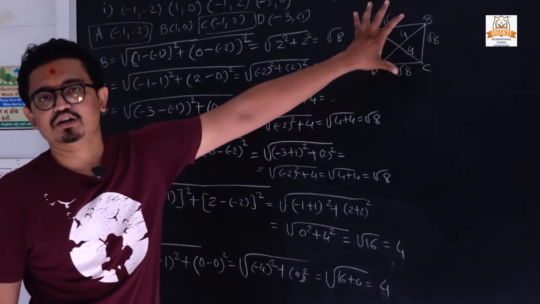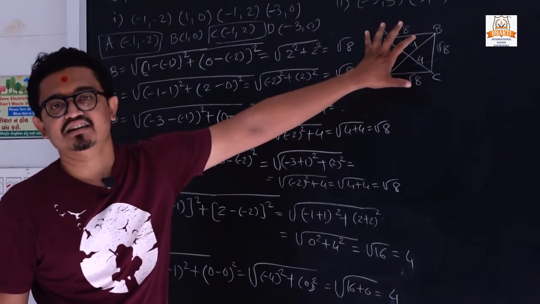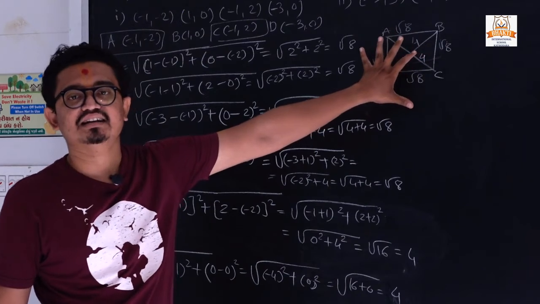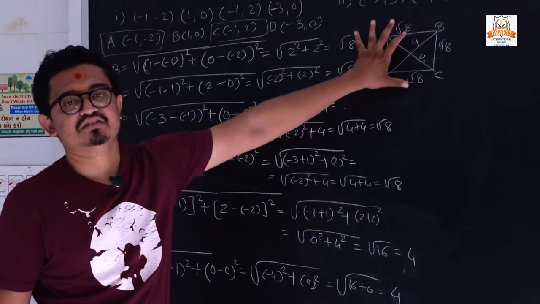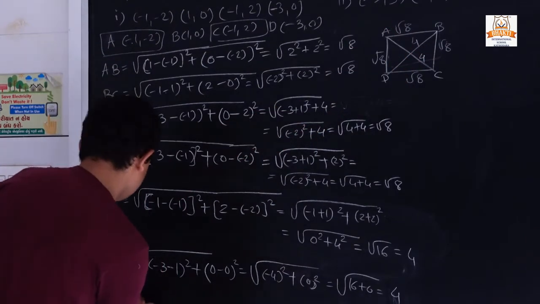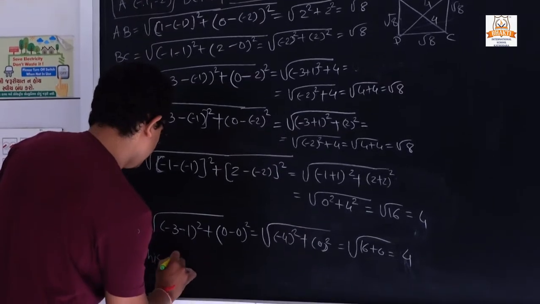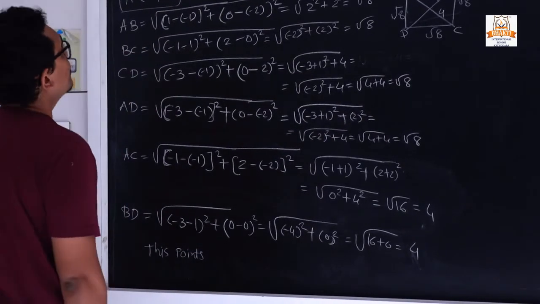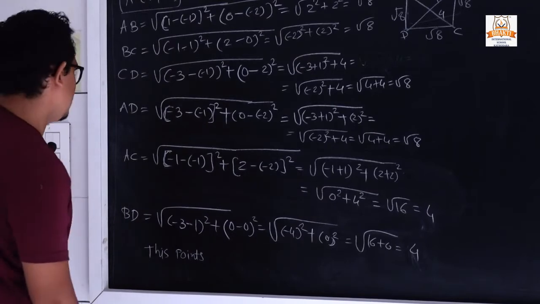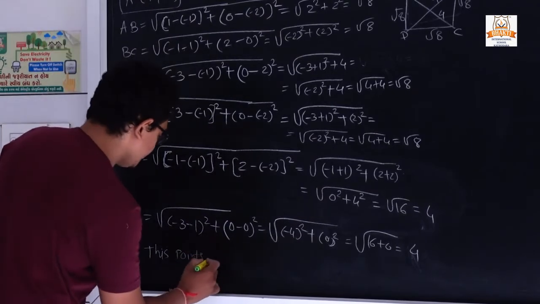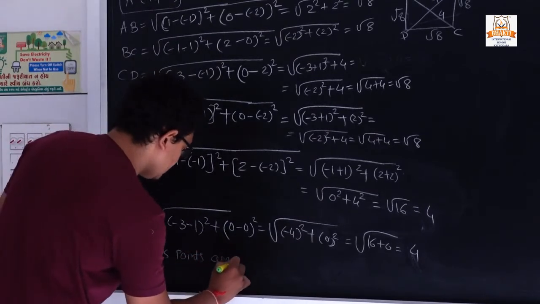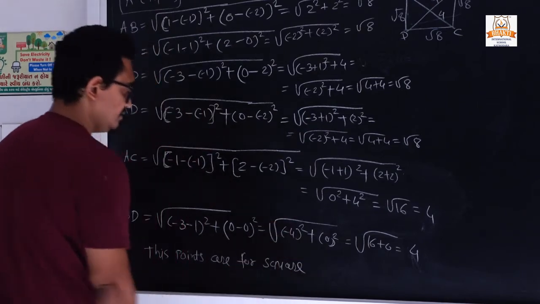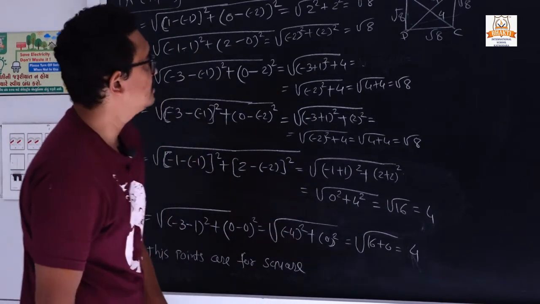It is a property of square: all sides and both diagonal measurements are the same. So for the question, name the types of quadrilateral, we can declare that these points form a square. Clear?